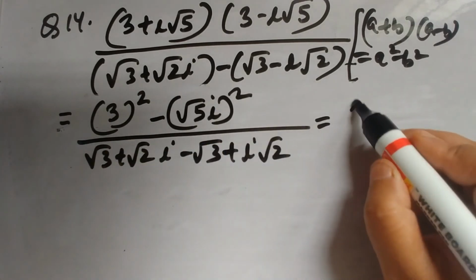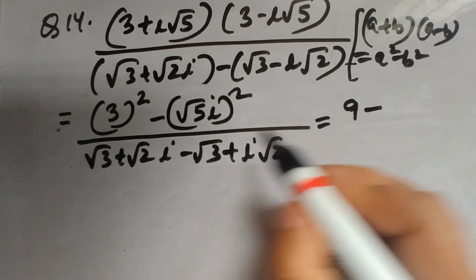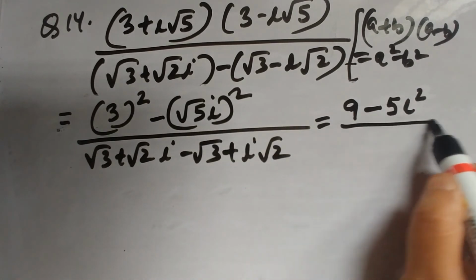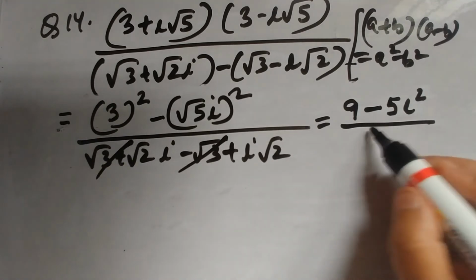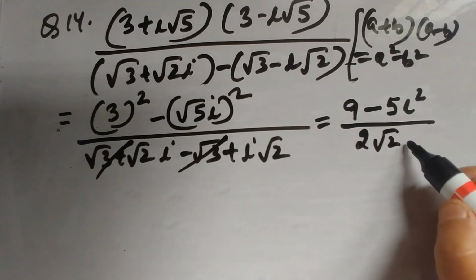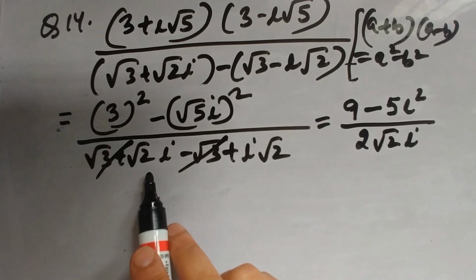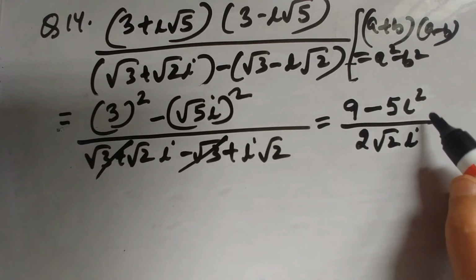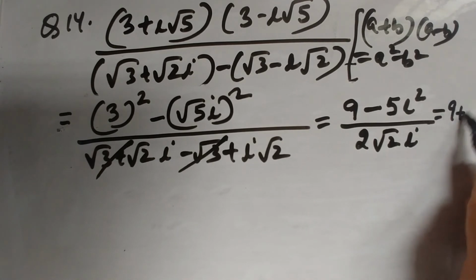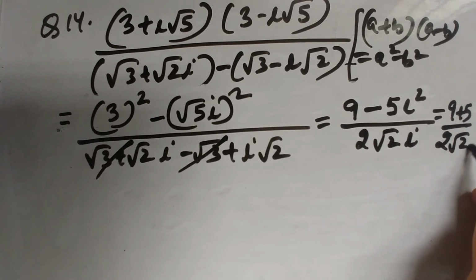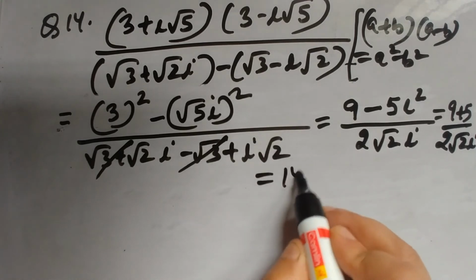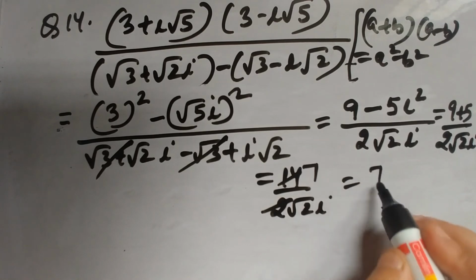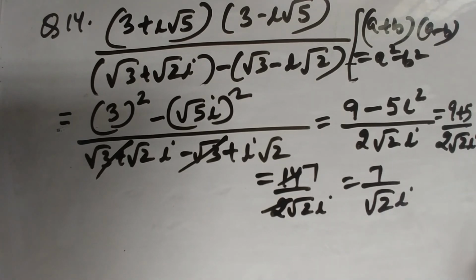Now this is 9 minus root 5 whole square is 5 into iota square, and this gets cancelled with this and it is 2 root 2 iota. Okay, 1 root 2, second root 2, so that means 2 times root 2 iota. Which is 9 plus 5 upon 2 root 2 iota, that is 14 by 2 root 2 iota, which on cancellation can be written as 7 by root 2 iota.